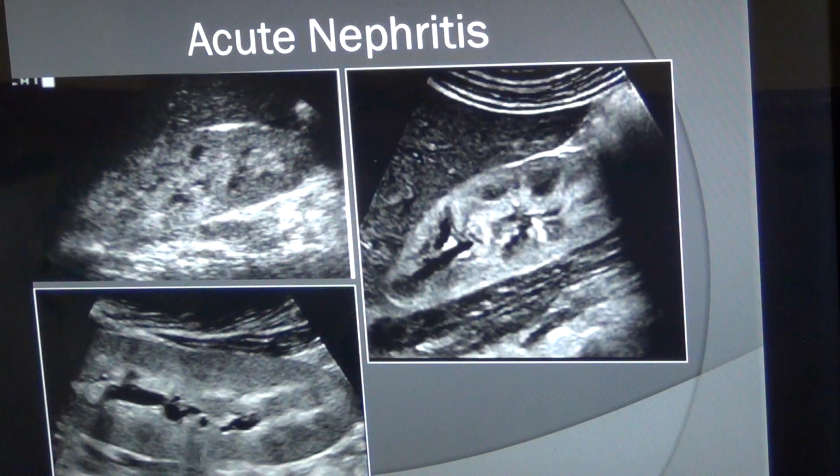Okay, and in acute nephritis, the kidney, the renal angle, renal point, lumbar region will be painful, and the pain will radiate towards the pelvic cavity.